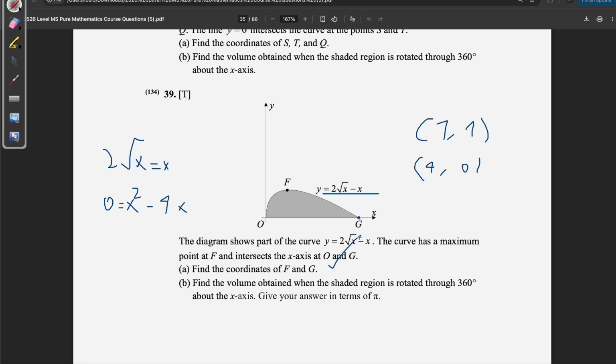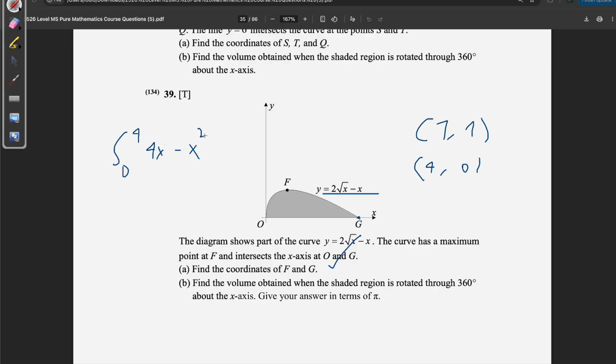Done. Find the volume obtained when the shaded region is rotated 360 degrees about the x-axis. So just integrate from 0 to 4 the function squared, so 2 radical x minus x, all of that squared, plug that into the calculator from 0 to 4.